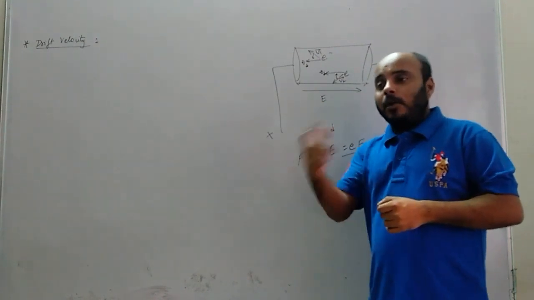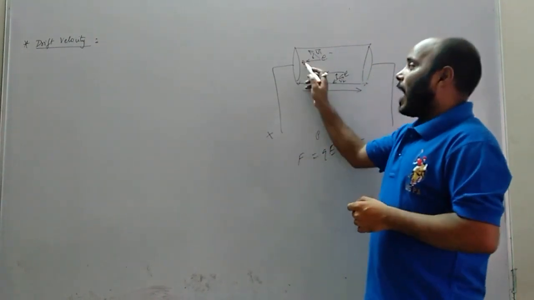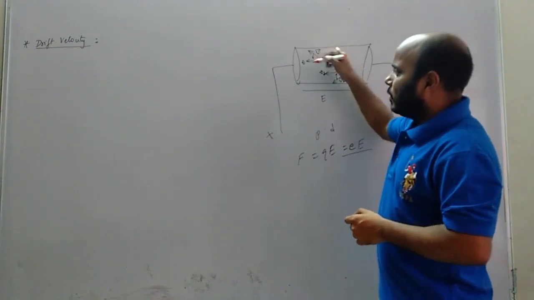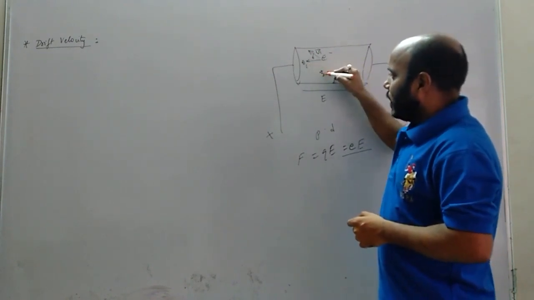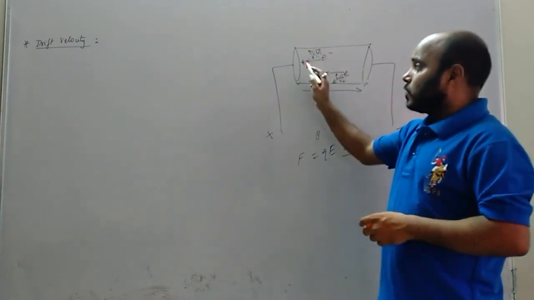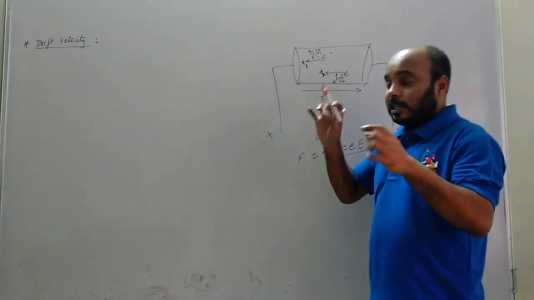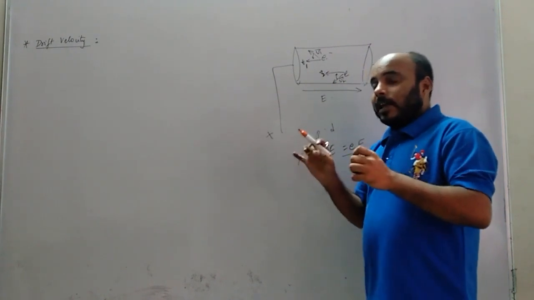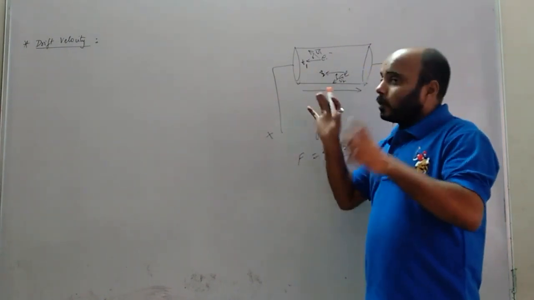So now, what is drift velocity? The average. For example, this is V1, this is V2. Every electron will start moving with different velocities, V1, V2, V3. These V1, V2, V3 are the individual electrons' velocities. But theoretically, these V1, V2 are not the drift velocity.